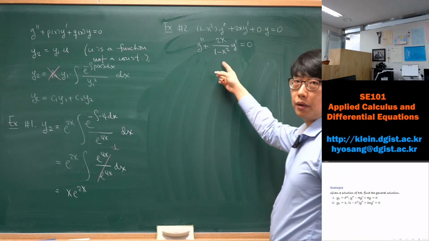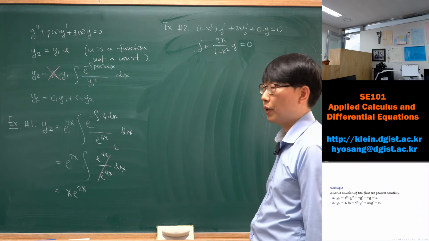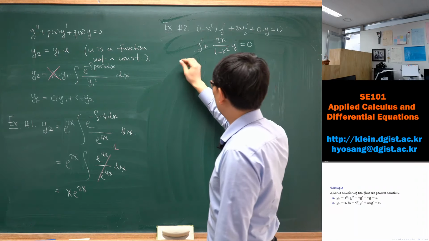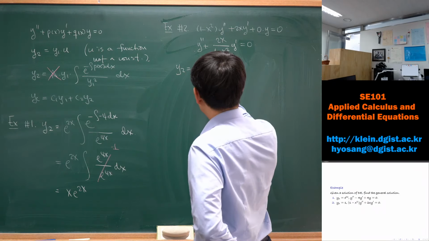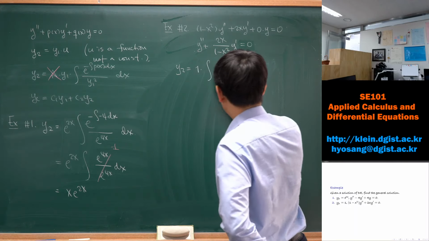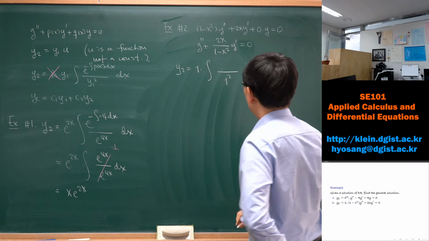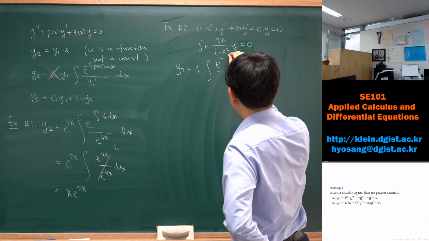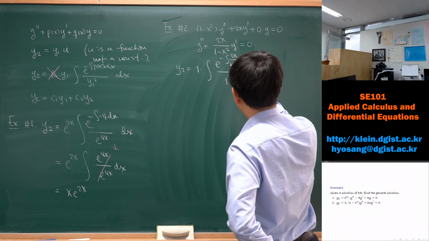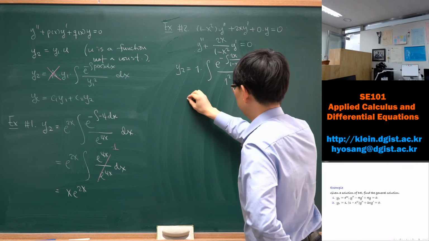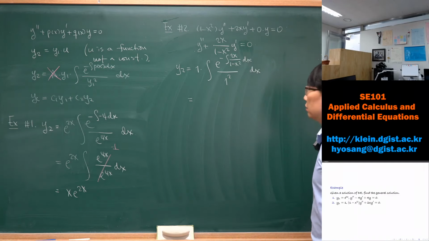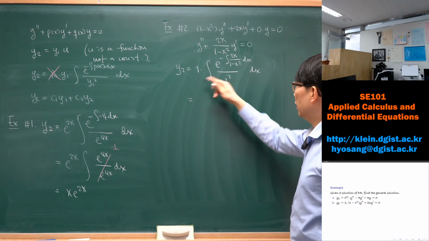So this is our p(x), 2x over 1 minus x squared. So y2 is, we know that y1 is 1, so 1 times 1 squared and e to the negative of the integral of 2x over 1 minus x squared dx. So just delete the ones here.